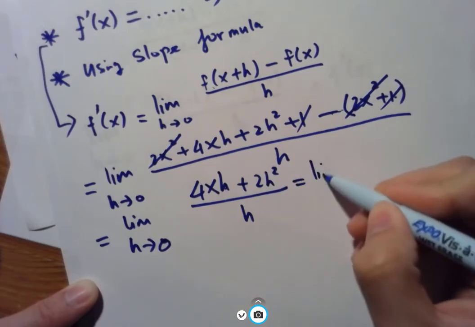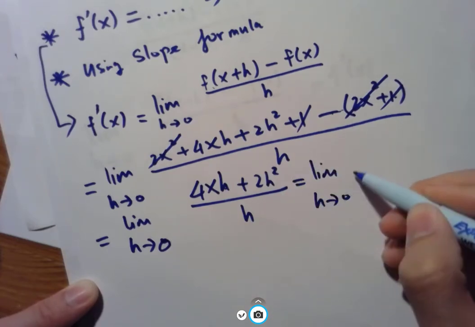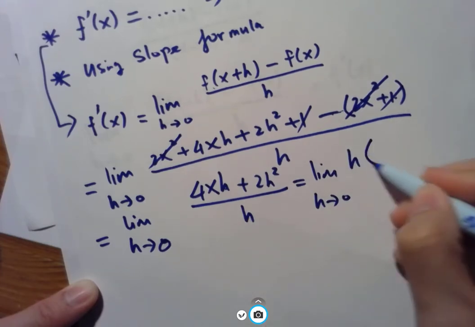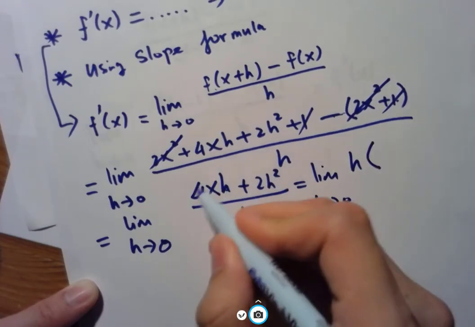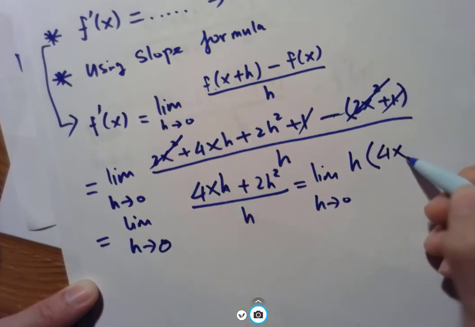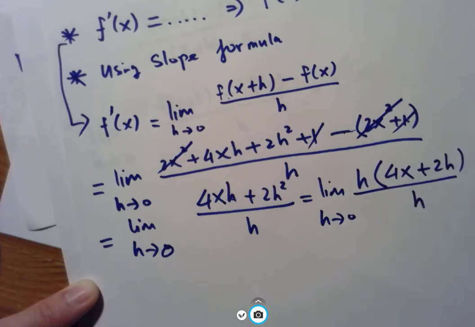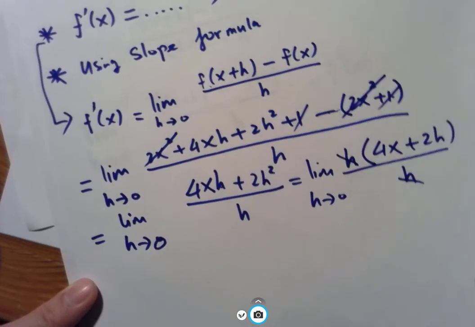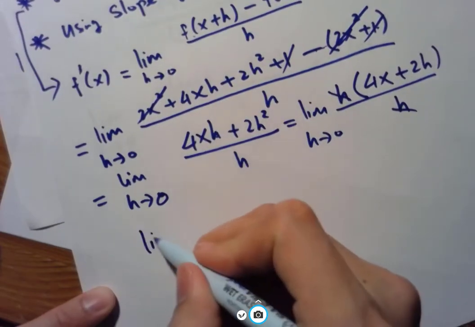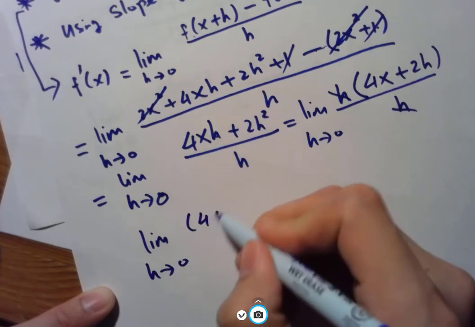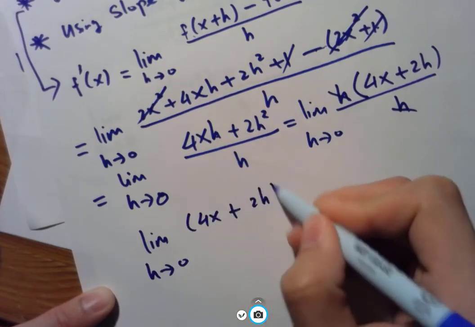So I can factor out the h term because I want to cancel the h at the bottom. So I pull out the h on the top. I have 4x left. I have 2h left. And now we can see the h term and h term are cancelled. So all you have left is the limit of h approaching 0 of 4x plus 2h.